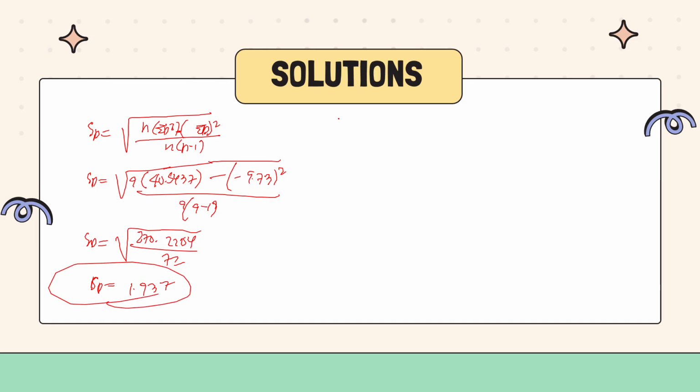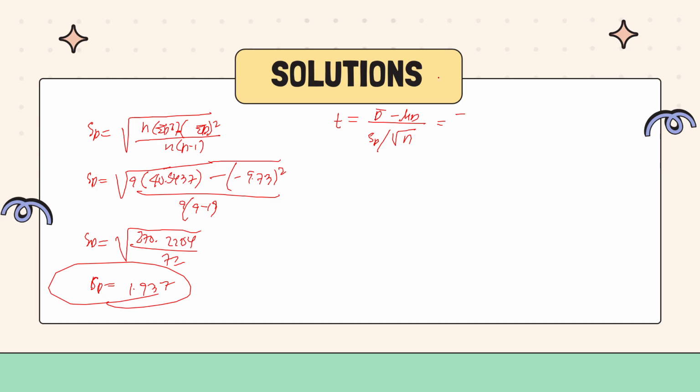So by the use of the t-test, bar D minus mu D over SD over square root of n. So what is our bar D?